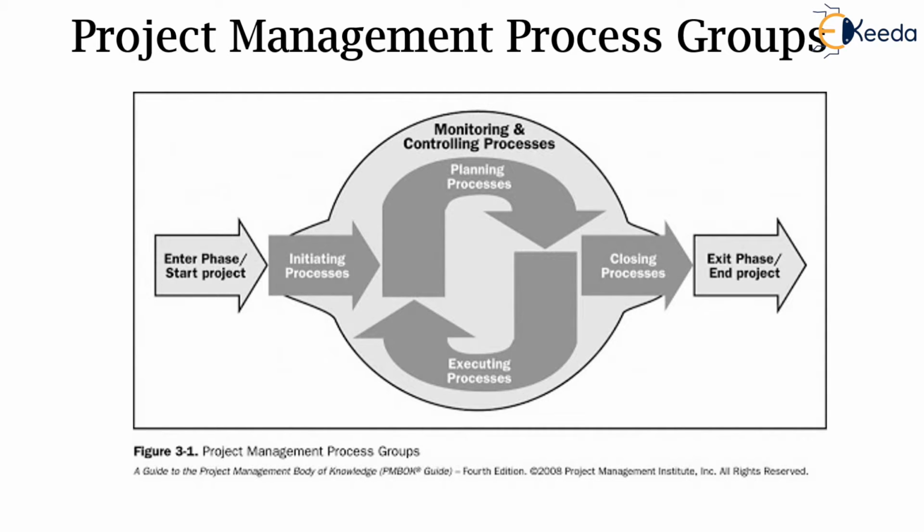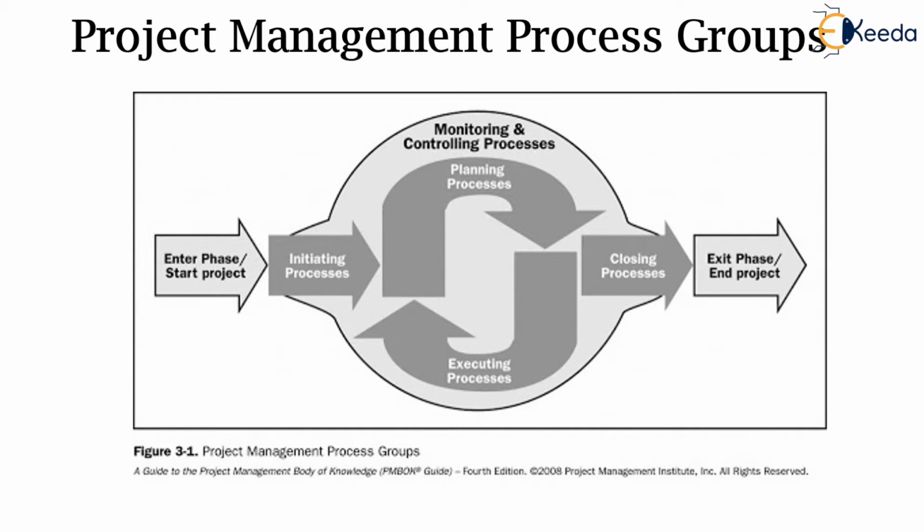Once the execution is completed, we move into the closing processes, that is, to close out any running projects and check if all the objectives are attained. The monitoring and controlling processes, as shown, cover the entire gamut of these four processes, right from the initiating process to the closing process.